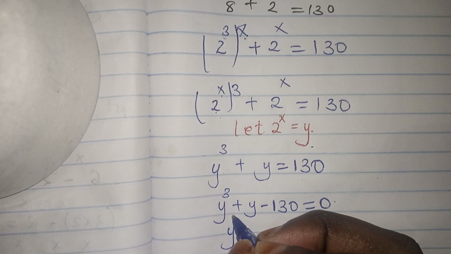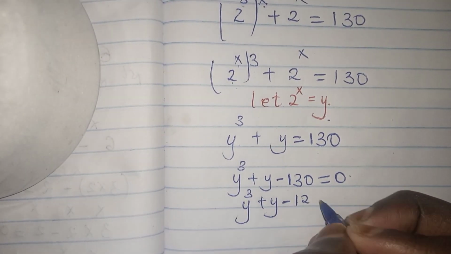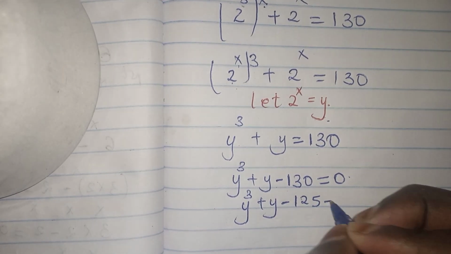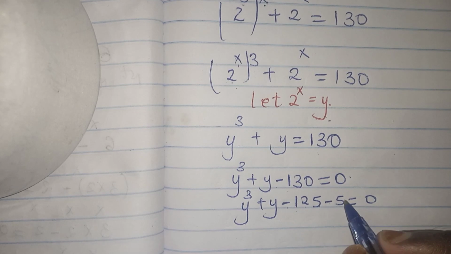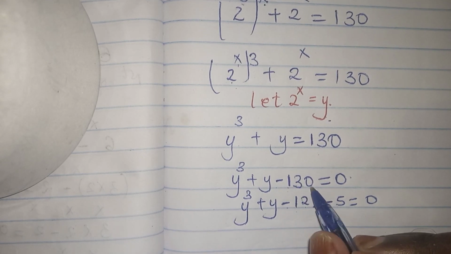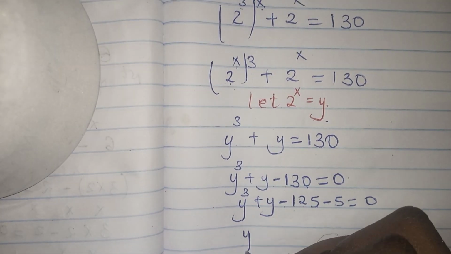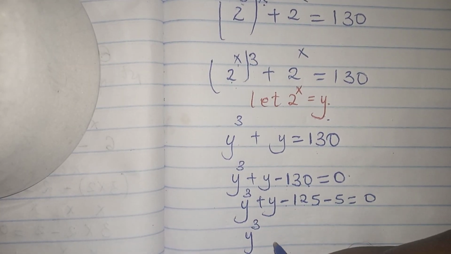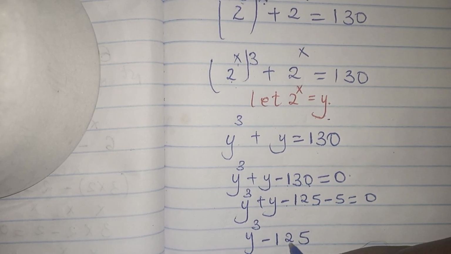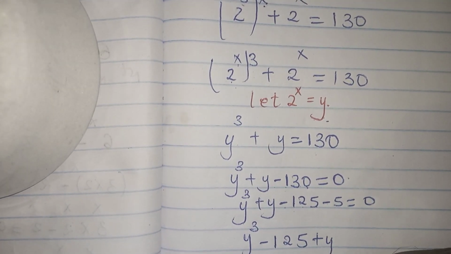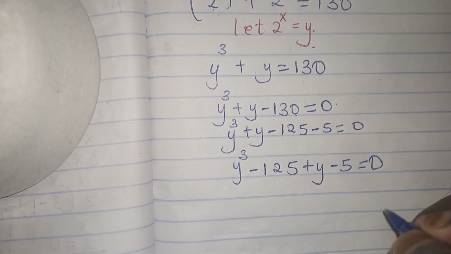So y to the power of 3 plus y minus 125 minus 5 is equal to 0. So 125 plus 5 gives us 130, right? So next step, y cubed minus 125, and I'm bringing this y here, minus 5 is equal to 0.